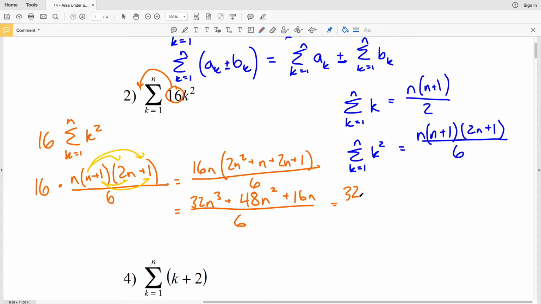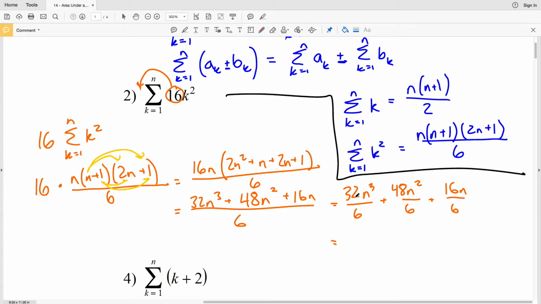So I'll have 32n cubed all over 6 plus 48n squared all over 6 plus 16n all over 6. Both 32 and 6 are divisible by 2, so that's going to be 16 times n cubed over 3, dividing both the numerator and denominator by 2.